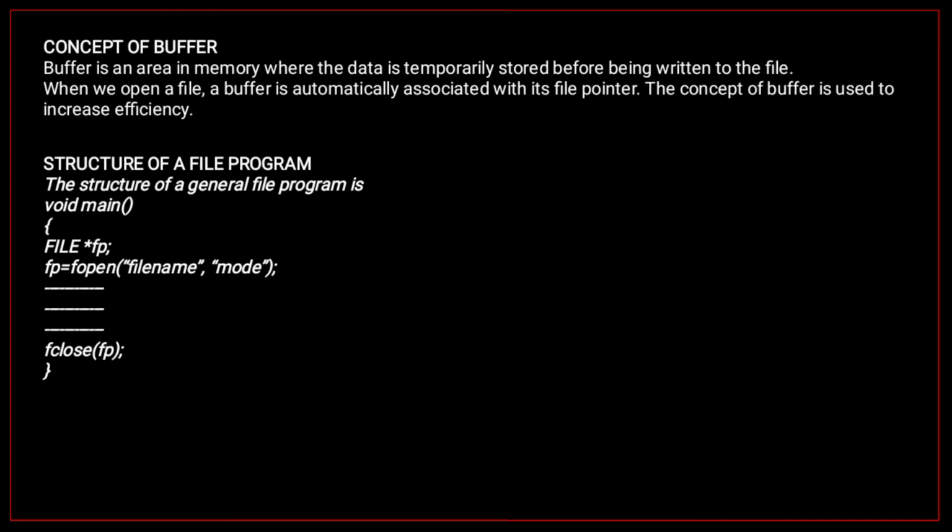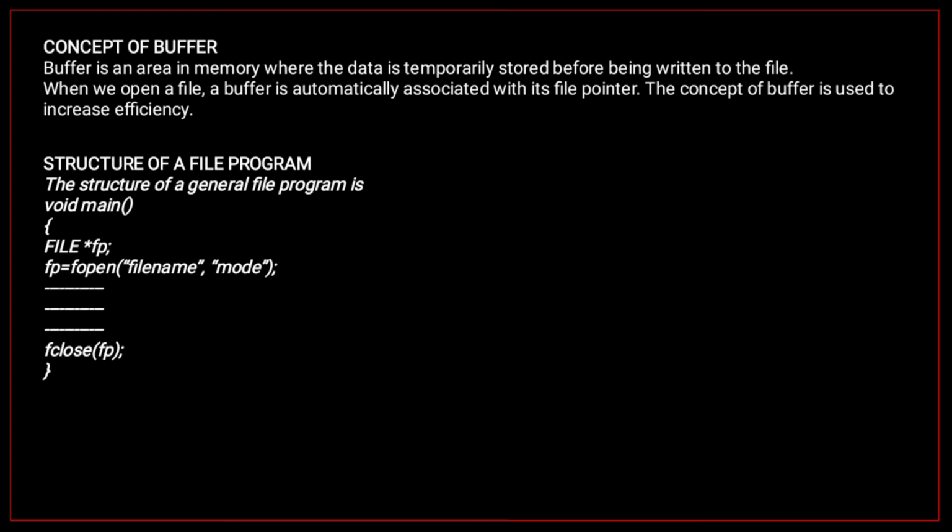Without it, we would have to access the disk each time for writing even a single byte of data. When buffering is done, the data is collected in the buffer and data equal to the size of the buffer is written to the file at a time. So the number of times the disk is accessed decreases, which improves the efficiency.